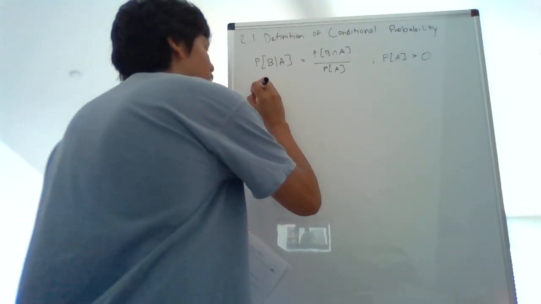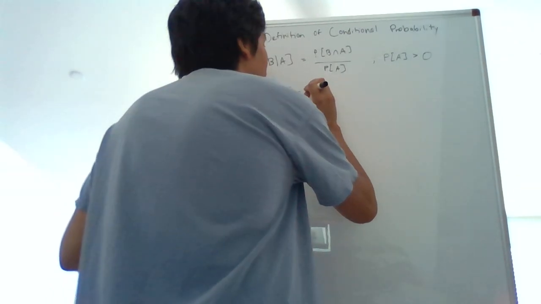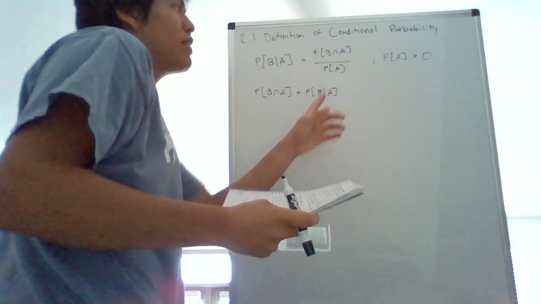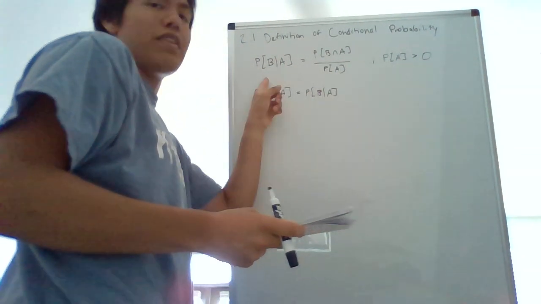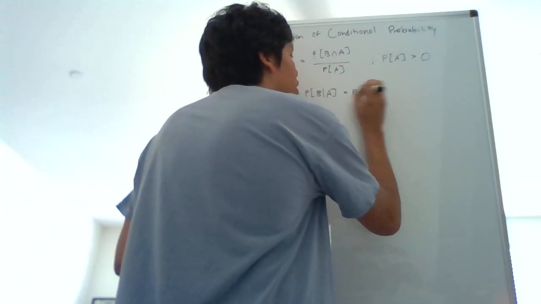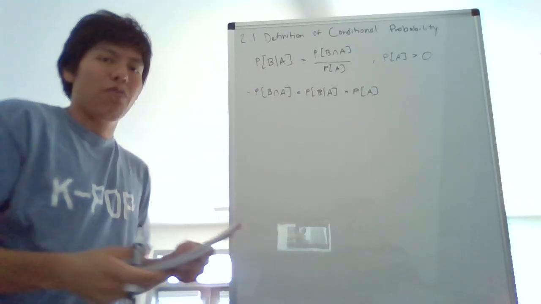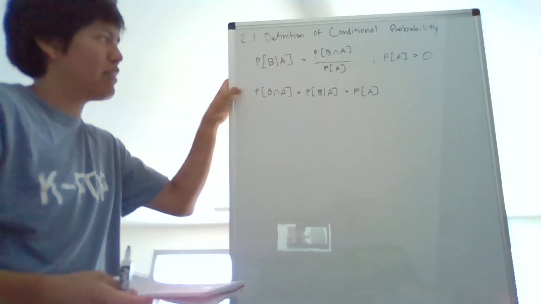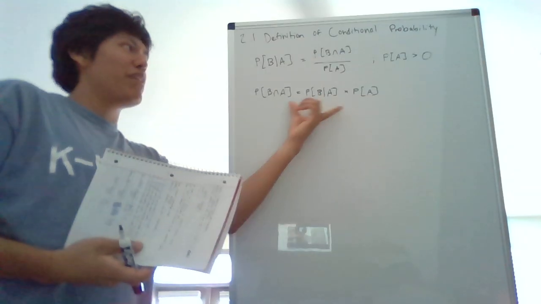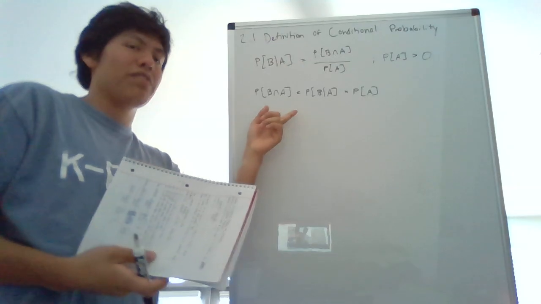So if we were asked to find the probability of B intersect A, that would just be the probability of B given A, and in order to get the probability of A to this side of the equal sign, we would have to multiply both sides by the probability of A. So this is just another form that we can write this in. We can be given any two of these probabilities and asked to solve for the third one.